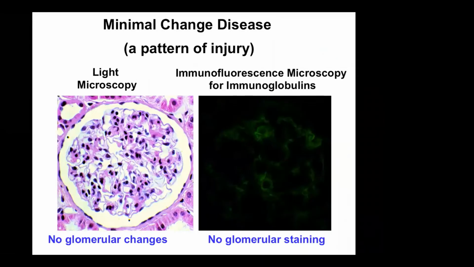Minimal change disease, basically, on light microscopy we have no glomerular changes. It looks absolutely normal. And on IF we don't have any deposits.